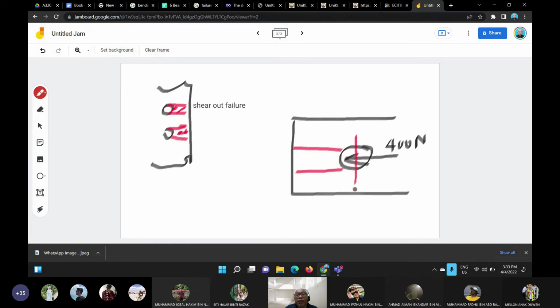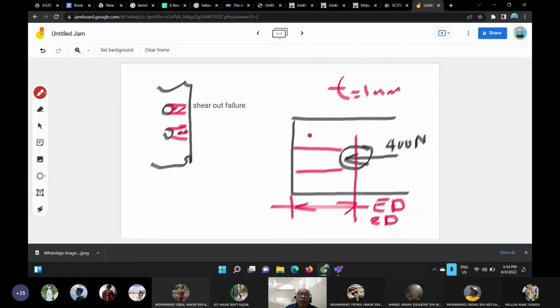So here is the edge distance. Say we conventionally put 2 times the diameter. And the thickness, say, is 1 mm.